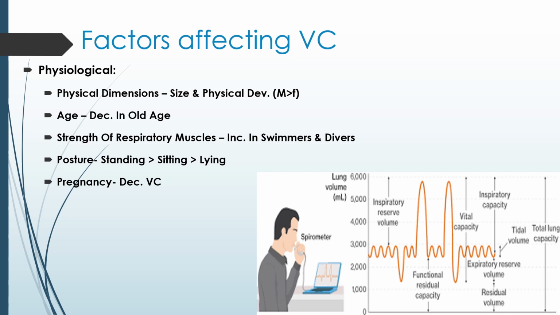Age: it declines in old age, as it affects the strength of the respiratory muscles, and increases in swimmers and divers. Posture: it differs in standing, sitting and lying. In pregnancy, the vital capacity decreases because of the fetus.